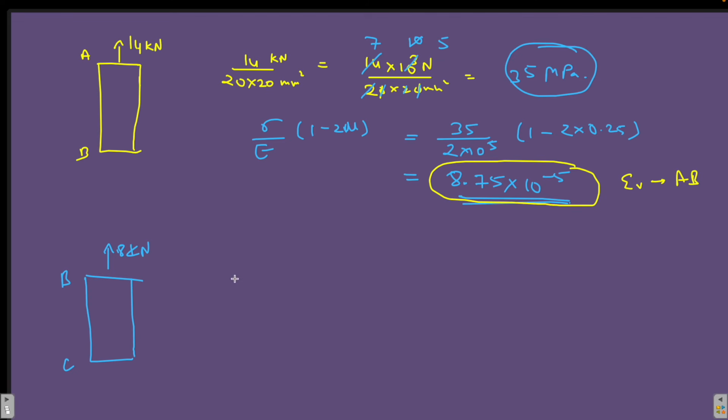Now we have to find sigma first. So sigma will be 8 into 10 to the power 3, that is newtons, divided by 10 into 10, newton per millimeter square, so it is megapascals now. So 10 and 10 will be gone, and we'll be left with 10 again. So it is 80 MPa.